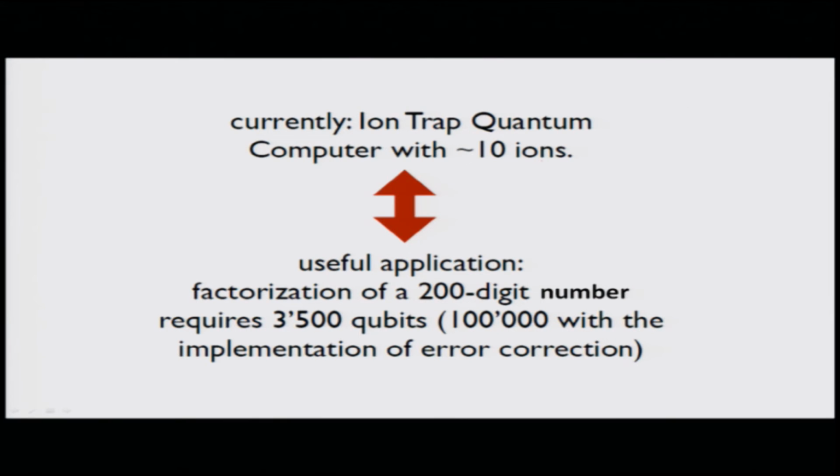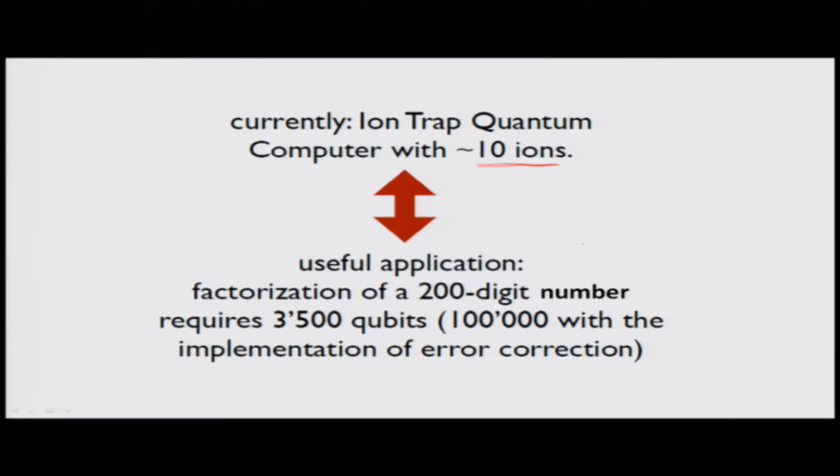Currently, the ion trap quantum computers that we are looking at have managed up to about 10 ions. In our presentation in this class, we have shown experimental setups with about 7 ions in place.